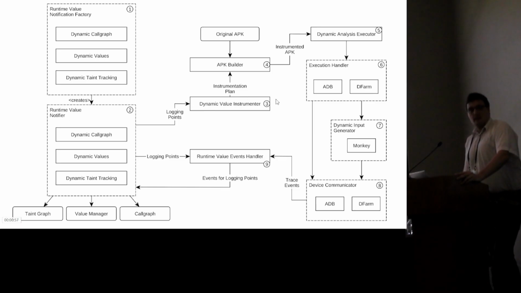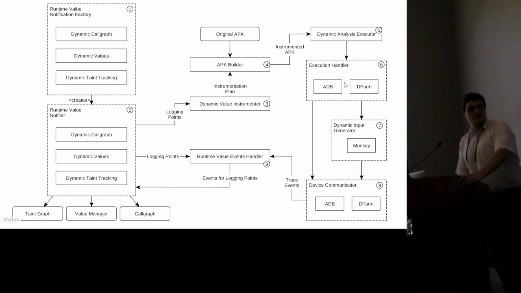The value instrumenter comes up with an instrumentation plan, which is an actual plan of things to change in the original app. The app gets instrumented, and afterwards we run the app, either on a local device with ADB, or on a device farm as shown earlier, like the hundreds of phones basically.